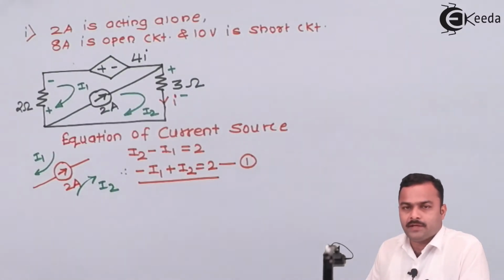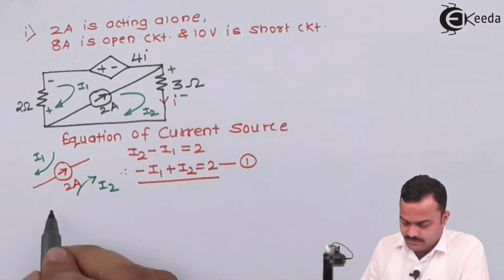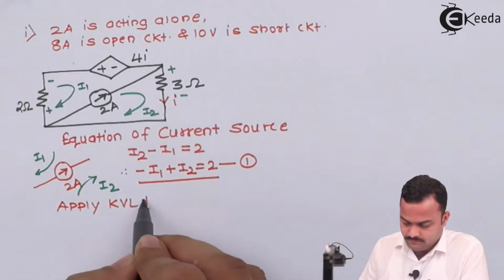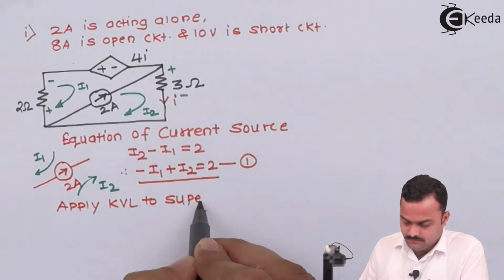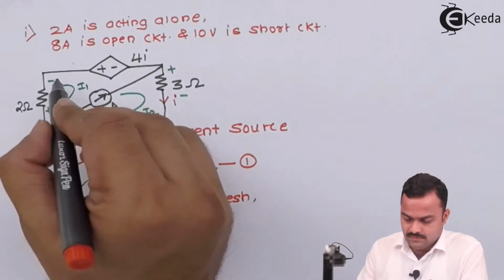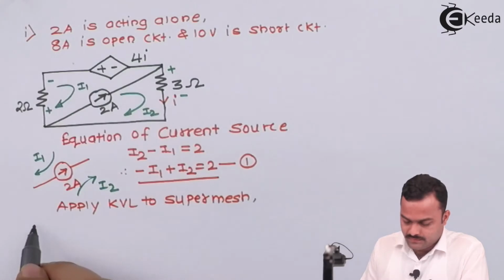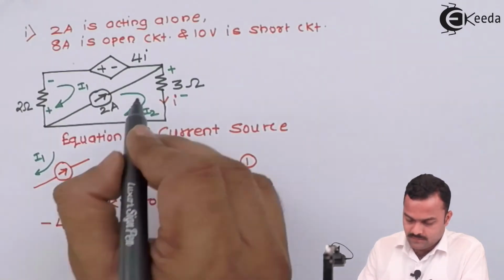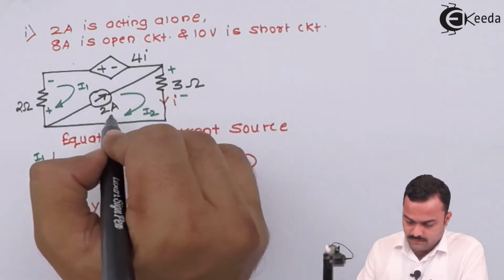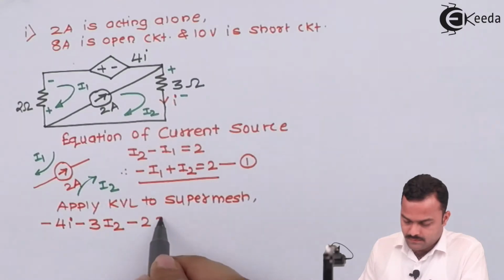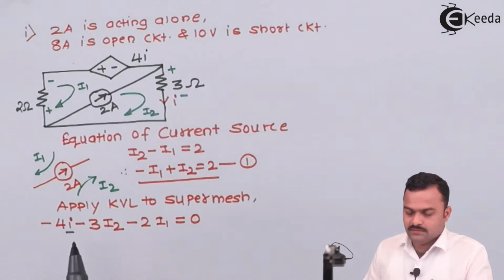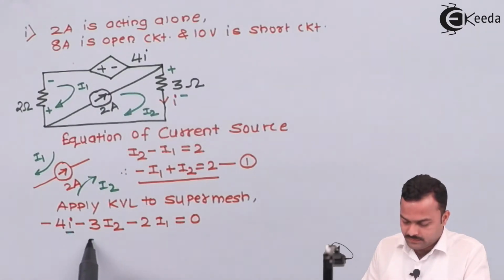And the second equation we will obtain by applying KVL to the supermesh. So let's do that. Application of KVL to the supermesh will give us, let's start from this voltage source, minus 4i minus 3I2 minus 2I1 equal to 0. I is that variable which is not given by us, so we need a substitution equation for this.